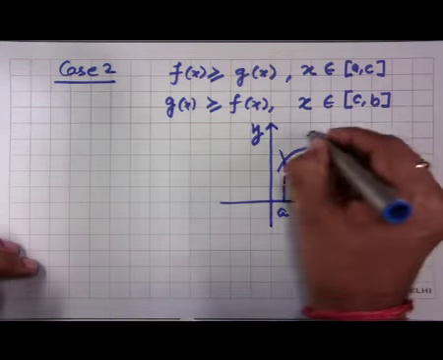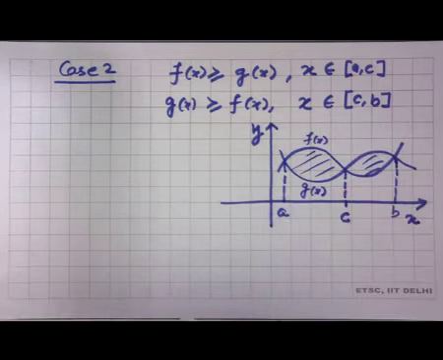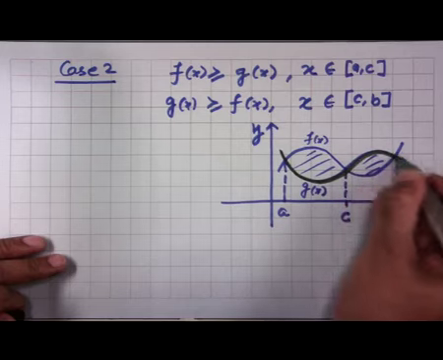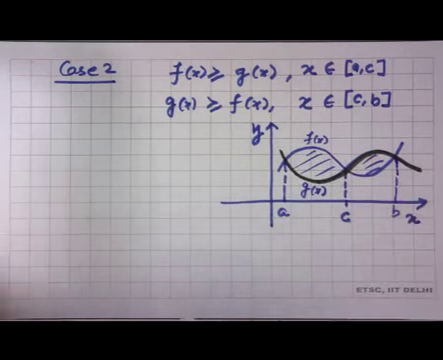This curve is f(x), this is g(x). So, let me draw it by different colors so that it is clear to you. So, from A to C f(x) dominates and from C to B g(x) dominates.